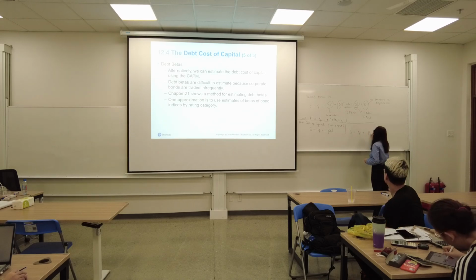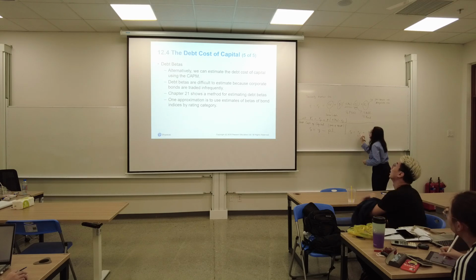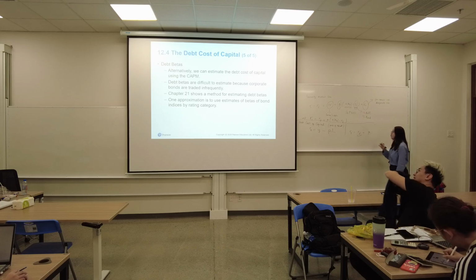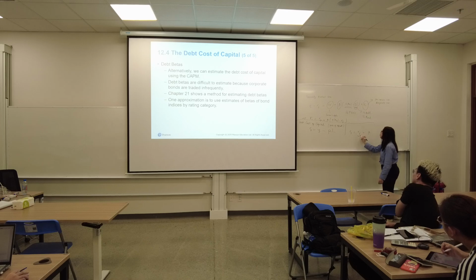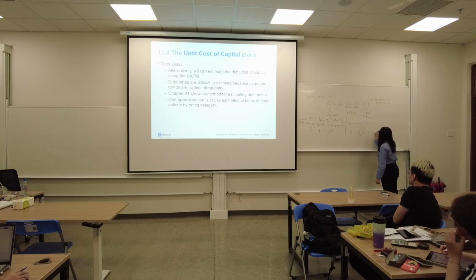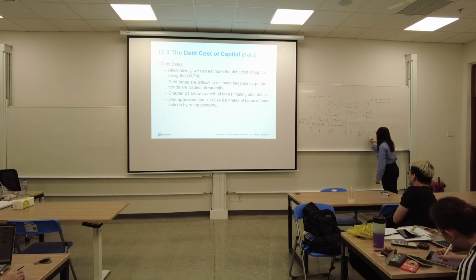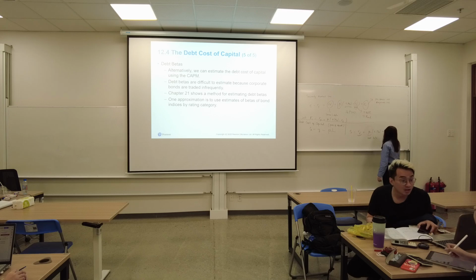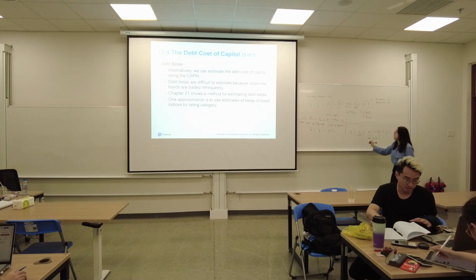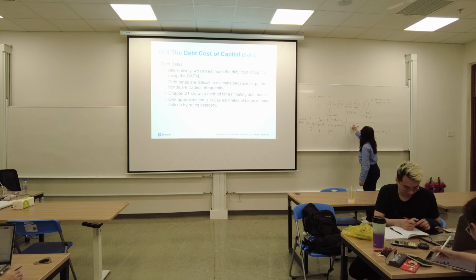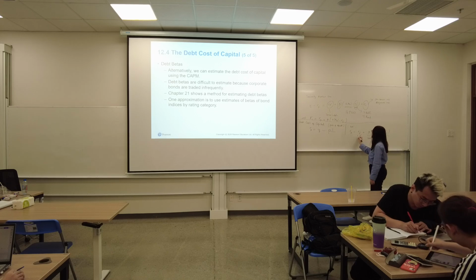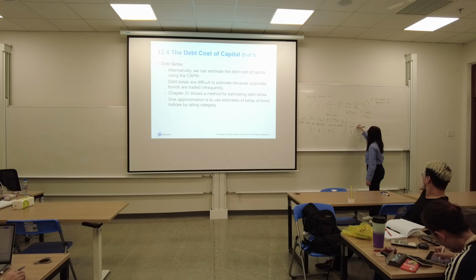We use the beta, and the risk-free rate here is the rate for a risk-free, default-free bond, or you could use the T-bill. The beta is the debt beta, not the equity beta, and the market risk premium is for debt. So it's very similar to the equity cost of capital, but we have a different market risk premium for debt and a different debt beta.